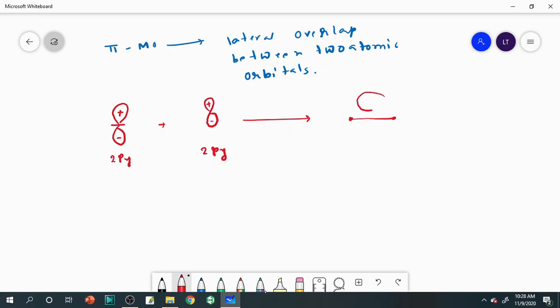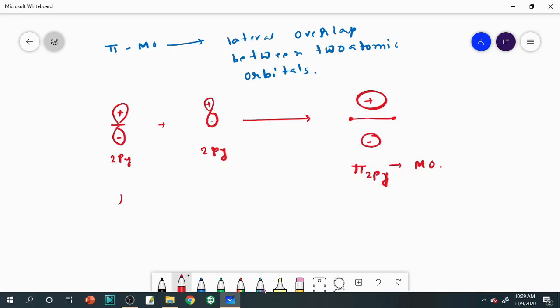So above and below the internuclear axis, the positive and negative charge, the electron density will be higher between the two py orbitals, and that is why a bonding interaction will occur, and this type of bonding is not along the axis. So this is lateral overlap, and this will be termed the pi molecular orbital. This is actually the 2py pi molecular orbital.